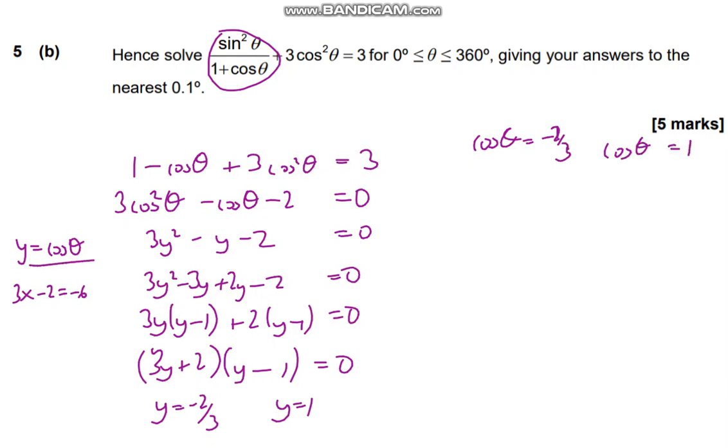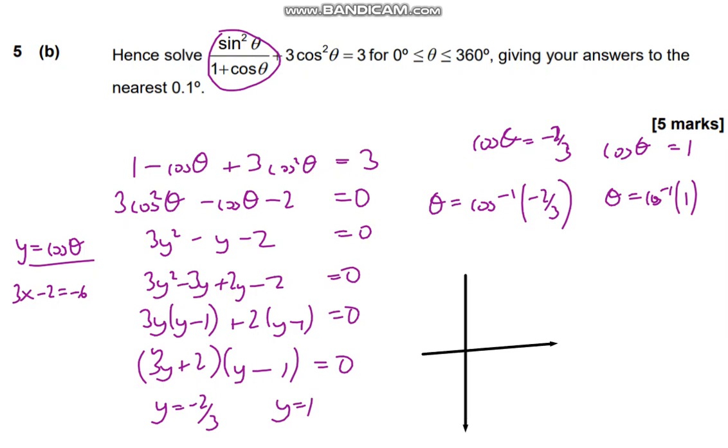So for this one, theta is going to be cos to the minus 1 of minus 2/3, or theta is going to be cos to the minus 1 of 1. Okay, so let's just draw this out before we have our calculations.